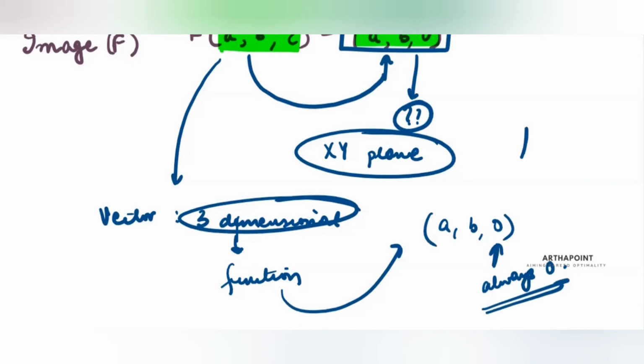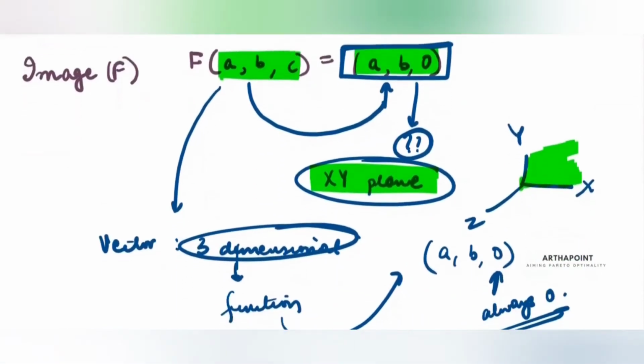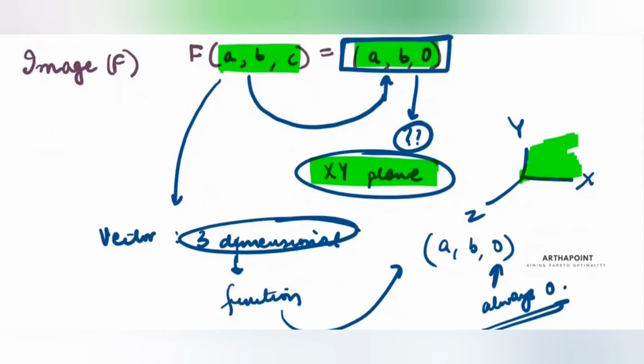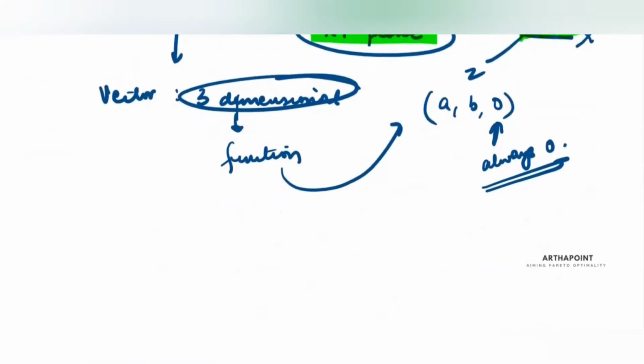If the third dimension is always 0, then it means that the z-coordinate is always 0. So you are always in the xy plane. So isn't the image just the xy plane? So the image of this linear mapping is simply the xy plane. It's an important question.